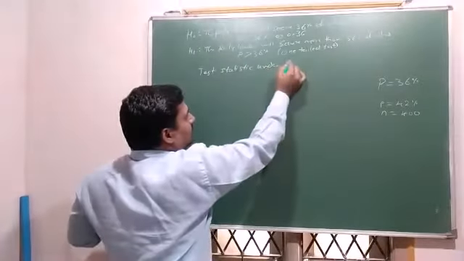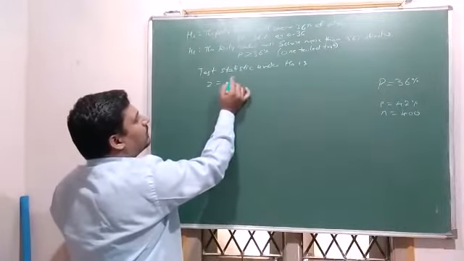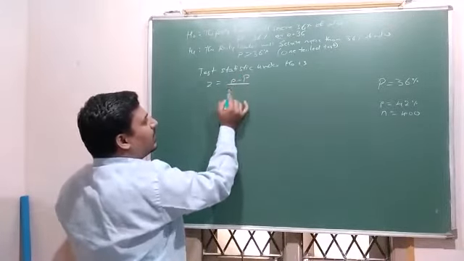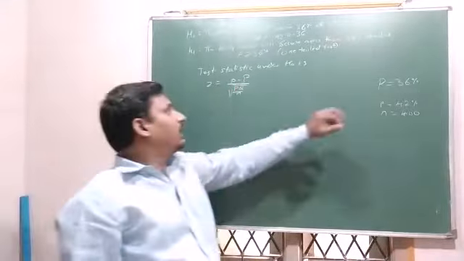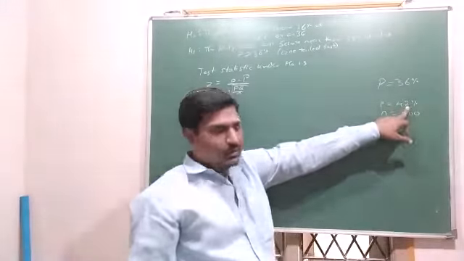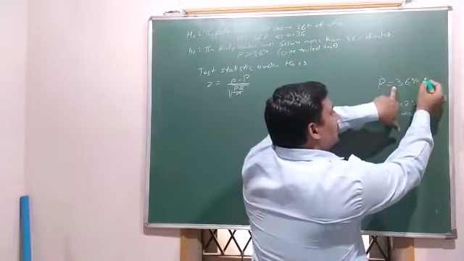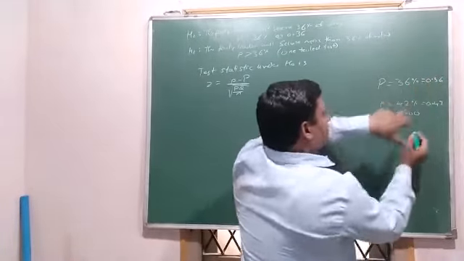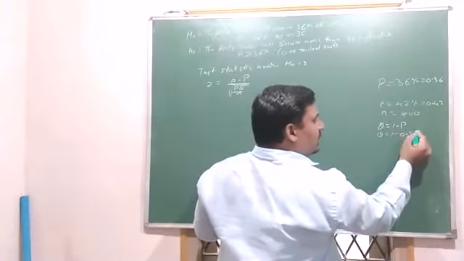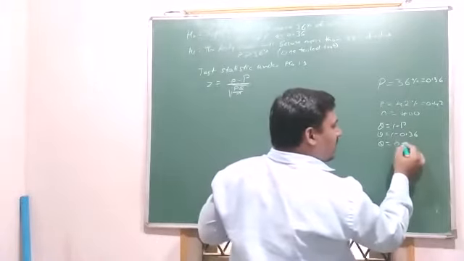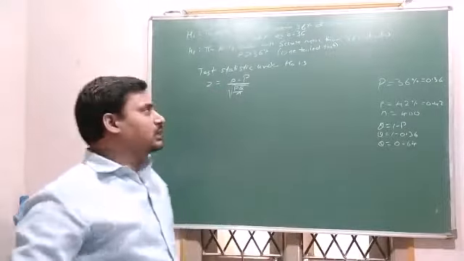So the test statistic under H0 is Z equal to small p minus capital P divided by root of PQ divided by n. Small p is 42%, that is 0.42, and capital P is 36%, that is 0.36. Therefore Q is equal to 1 minus P, so Q is equal to 1 minus 0.36, which is 0.64.